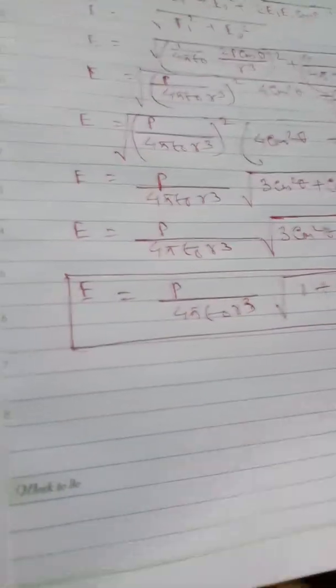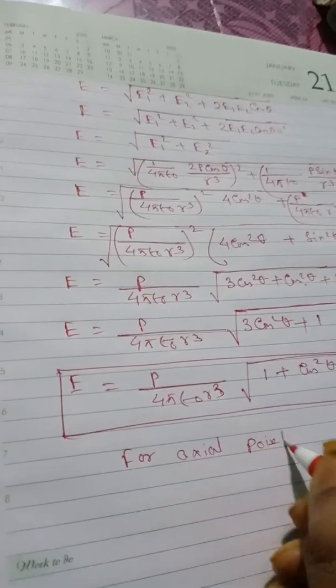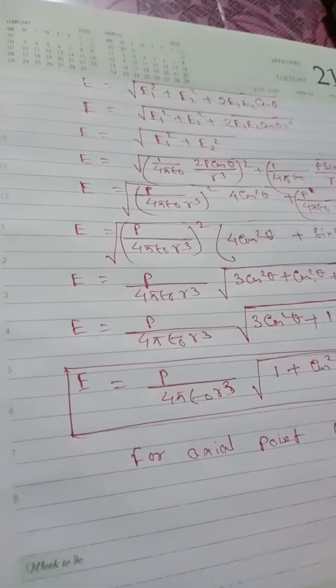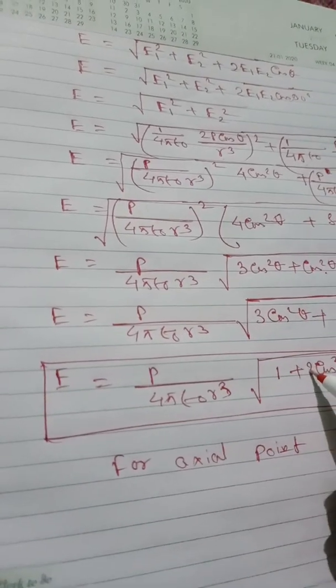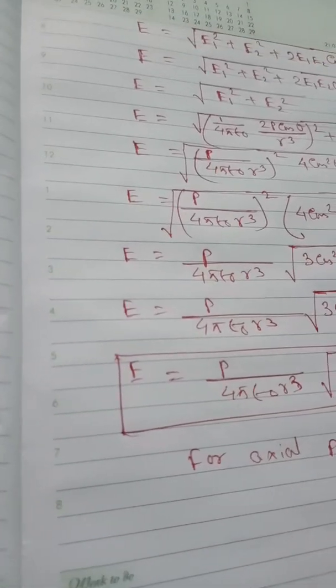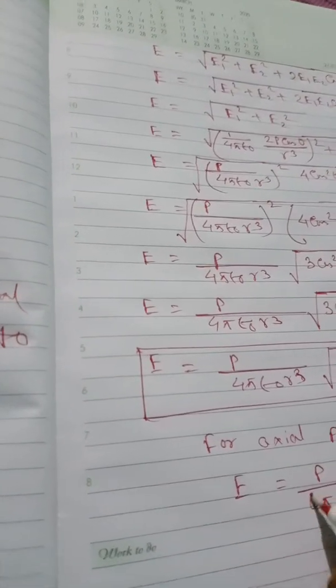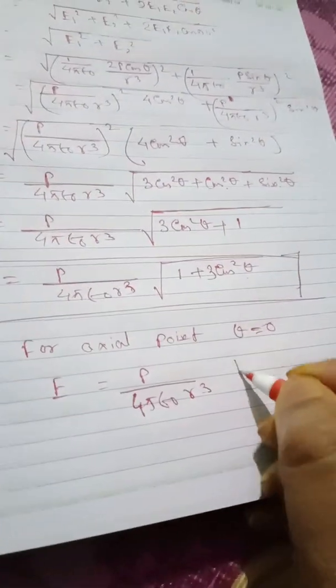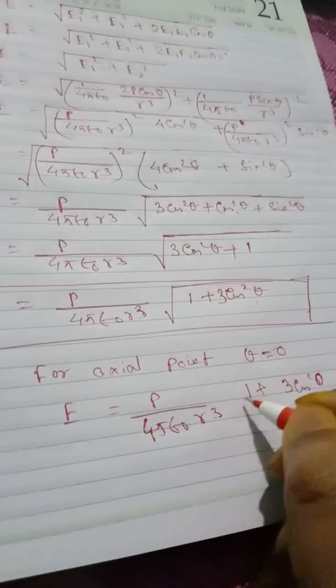So from here, look, for the axial point, theta is equal to 0. So here if you put that, cos 0 means what? 1. So from here you can write E is equal to p by 4 pi epsilon naught r cube, then root of 1 plus 3 cos square 0, theta is 0.